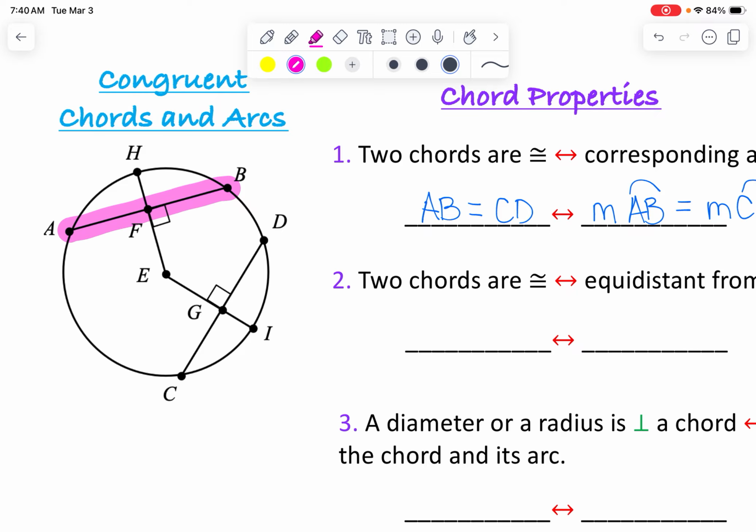This segment and this segment, those chords, are congruent if they are the same distance from the inside. If this distance here and this distance are the same, then the chords have to be the same. And then if the chords are the same, then the distance in between has to be the same.